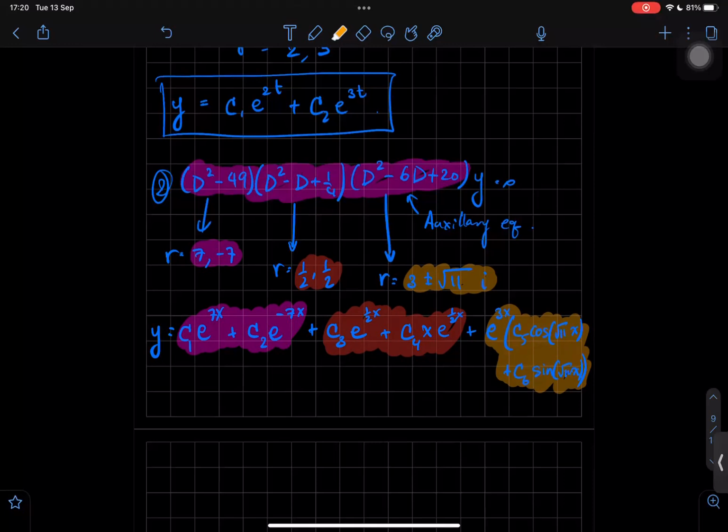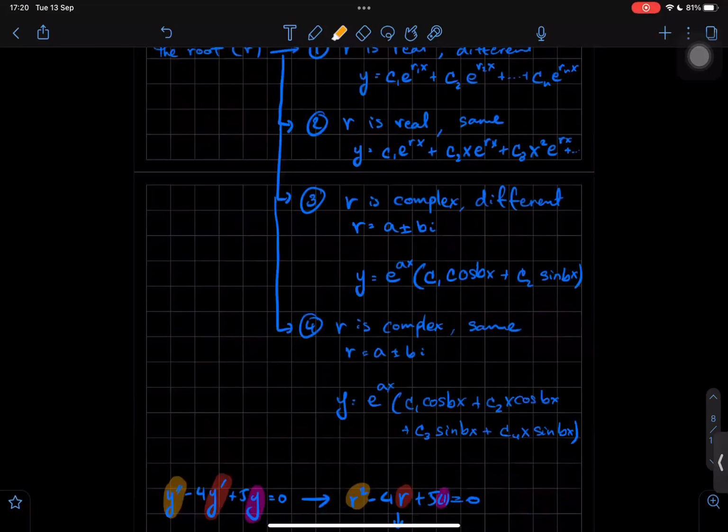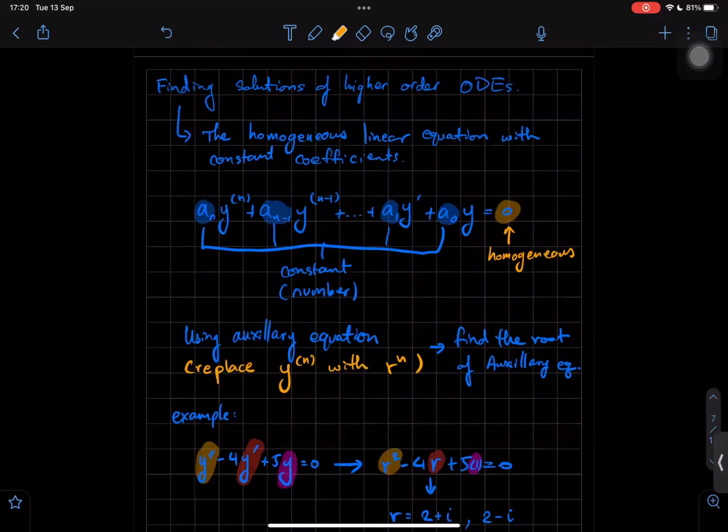Hope you can find it when it is in this form, the homogeneous linear equation with constant coefficients.